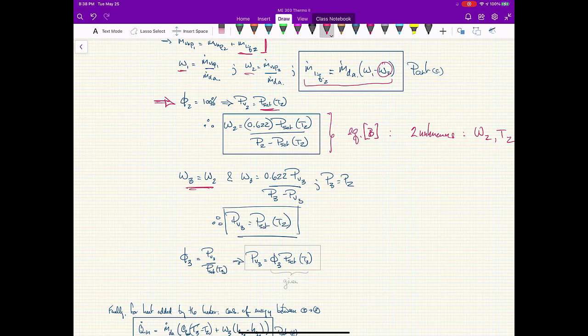Why is that important? Well, because now I've already gone from 1 to 2. I don't know a whole lot about 2 except that it's saturated. And now I'm going to need to go from 2 to 3, and I know a lot about 3, right? I know the relative humidity, the temperature, the total pressure. So I'm going to use that to sort of go backwards from 3 back to 2, and that's what I'm about to do right here.